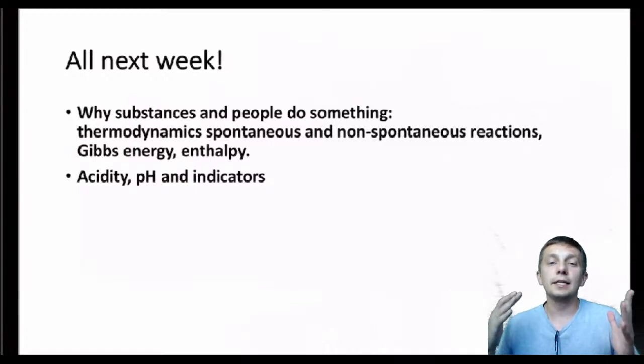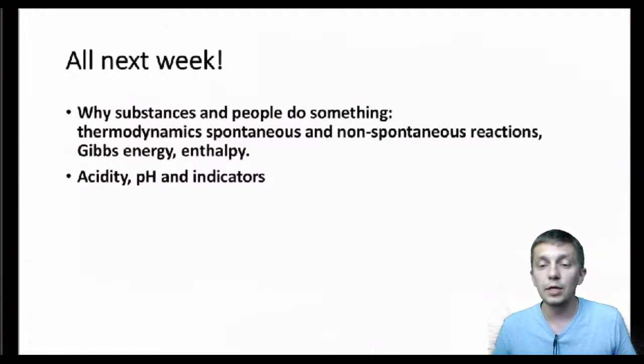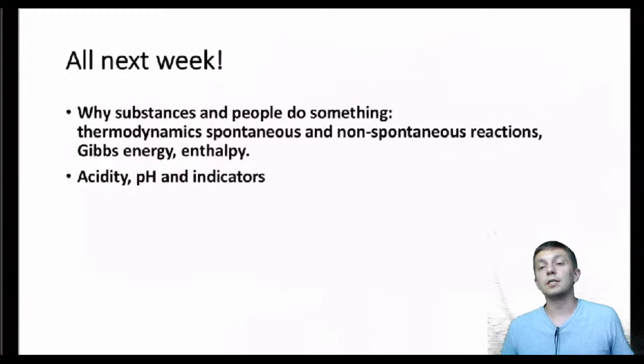And by understanding this, we can discuss acidity, pH, and indicators. It's very popular. It's the most frequent question about GAMSAT section 3. So be prepared, solve problems, visit, subscribe, share.